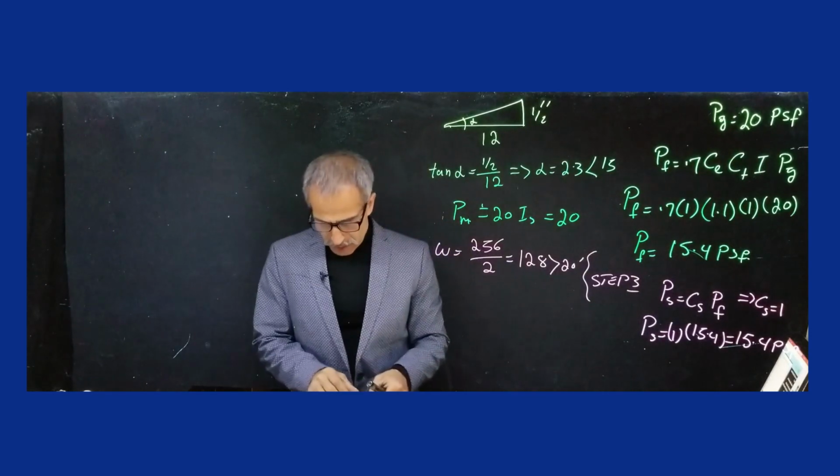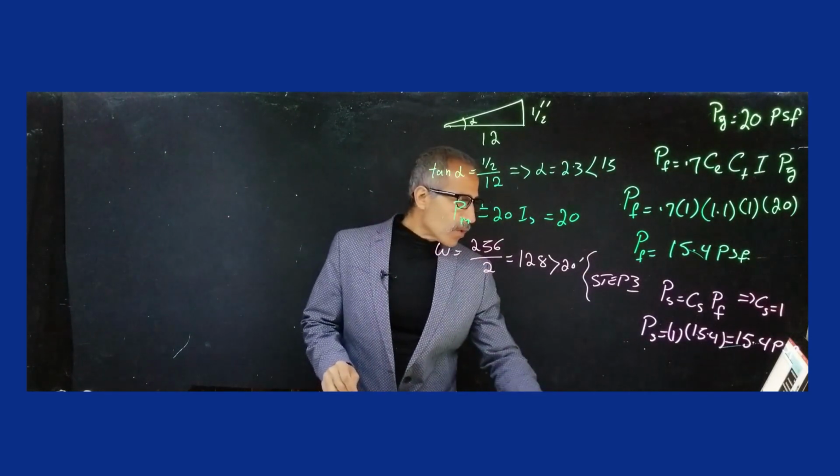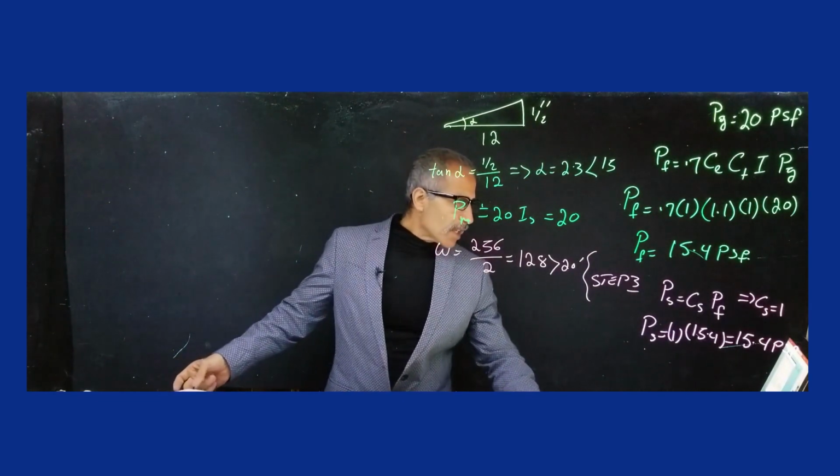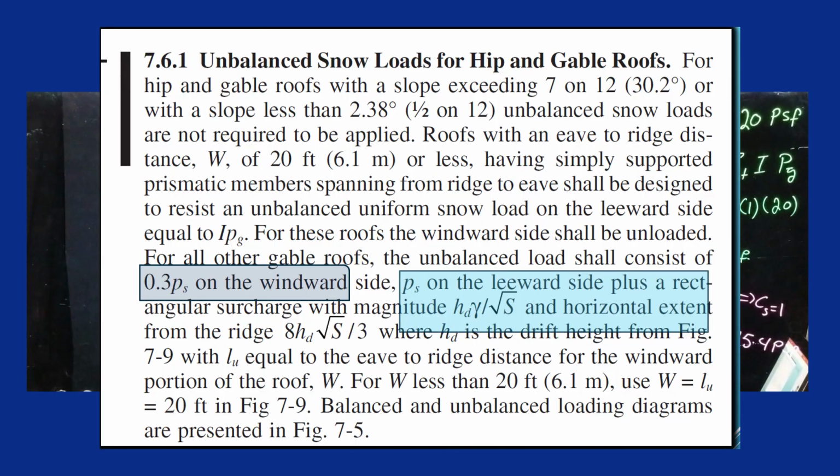That's good. And the next step, if you look at the highlighted area, we're going to calculate the unbalanced load on a windward and on a leeward side, and also on a drift side. And it says for windward side is 0.3 PS. So let's come over here.